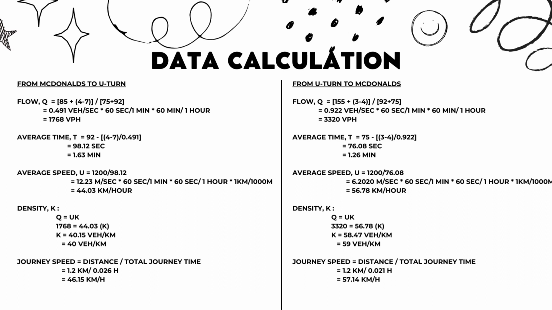The density K is 40 vehicles per kilometer, and the journey speed is 46.15 km per hour. From the U-turn to McDonald's, the flow is 3,320 vehicles per hour. The average time is 1.26 minutes, and the average speed U is 56.78 km per hour. For density, we got 59 vehicles per kilometer, and the journey speed is 57.14 km per hour.